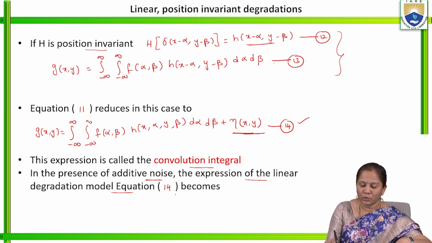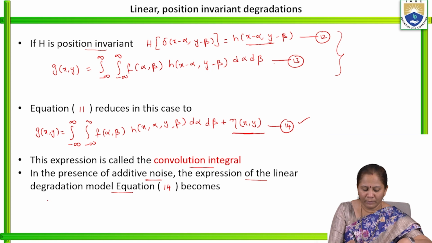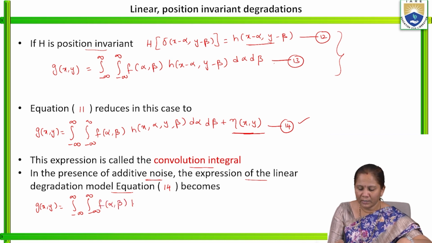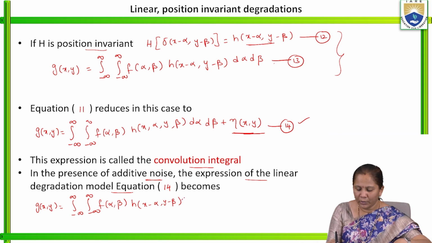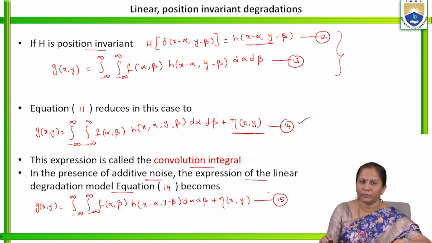So equation 14 is modified as g of x comma y is equal to the integral from minus infinity to infinity of f of alpha comma beta h of x minus alpha, y minus beta into d alpha d beta plus eta of x comma y. This is equation number 15.